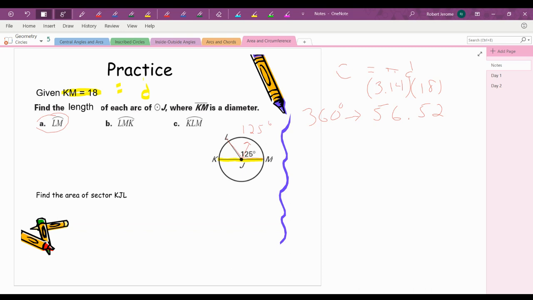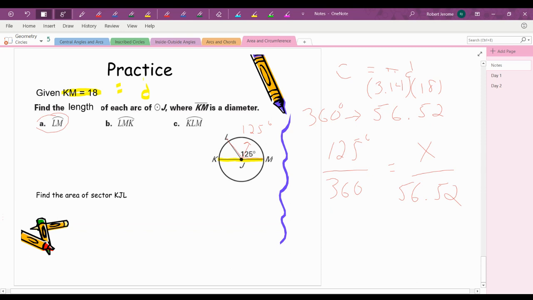We have to be careful if it's a central angle or inscribed or anything else. So we have 125 degrees of the circle. And that equals what amount of the circumference?